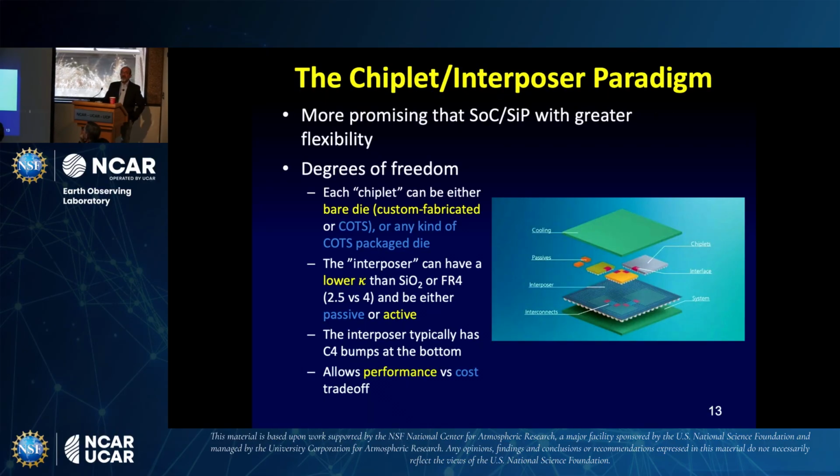So if I wanted a high performance system, what I would do is I would custom fabricate my chiplets, high cost, but it'll give me just the right chips that I want. And I will use a low K dielectric maybe, so I'll get an extra speed bump from that. And maybe I'll use an active interposer.